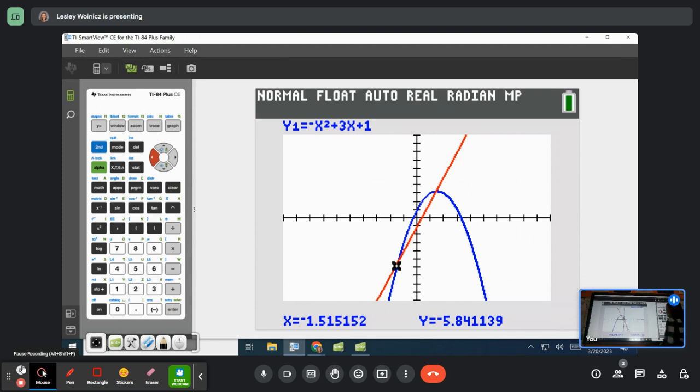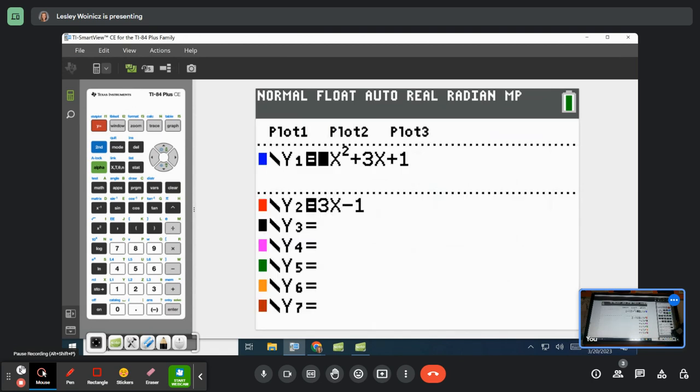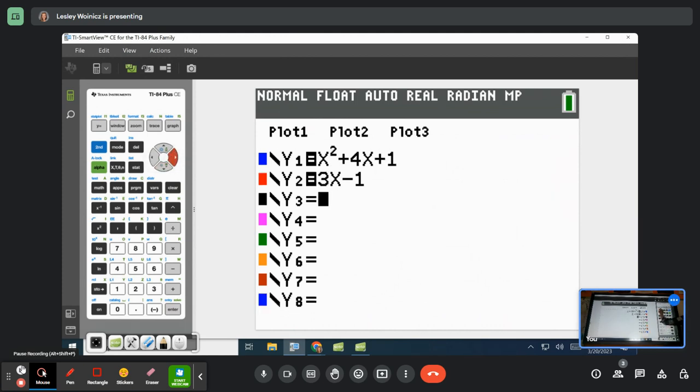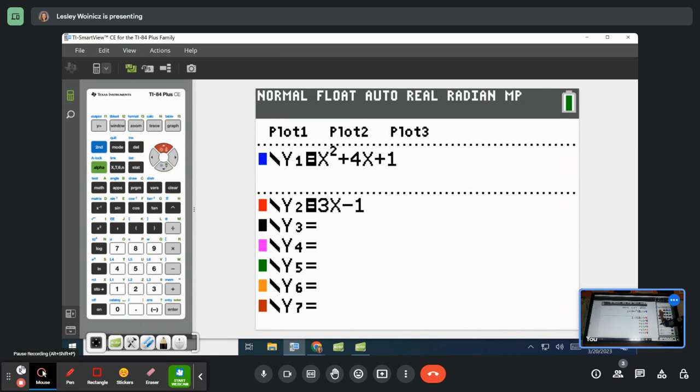Okay, cool. Let's try another one. So my other one is x squared plus 4x plus 10. Oops. Oh my gosh. I'm all over the place. Plus 10. All right, what about my second one?